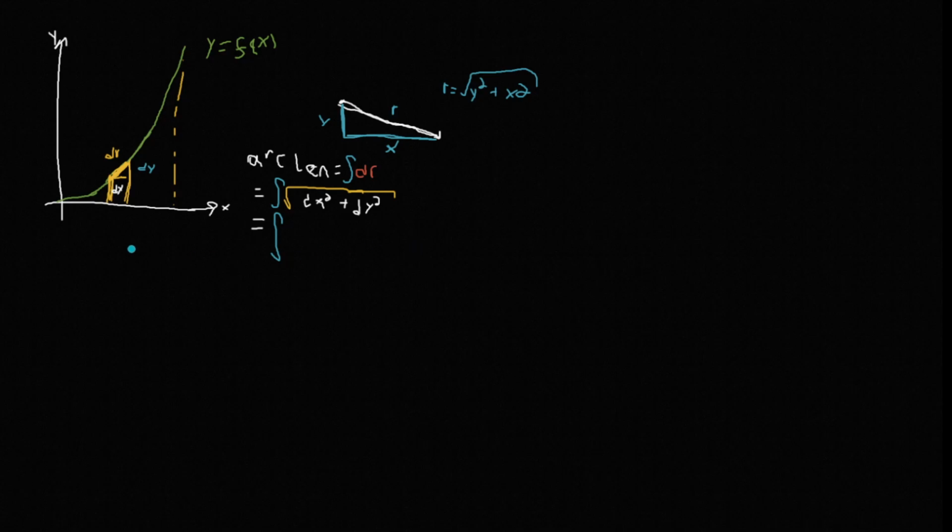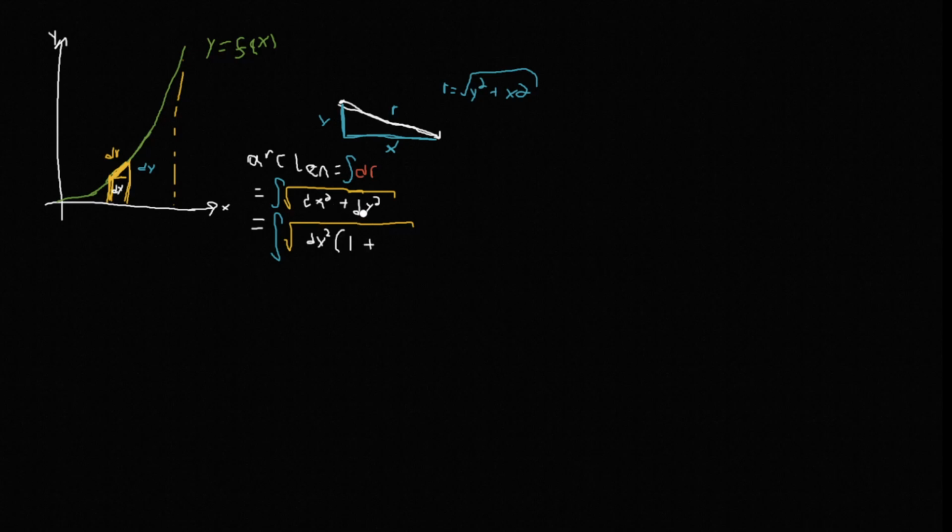So what we can do is factor out a dx squared from this. If I pulled out a dx squared from this first term, we're basically dividing this by dx squared. So that's just 1.